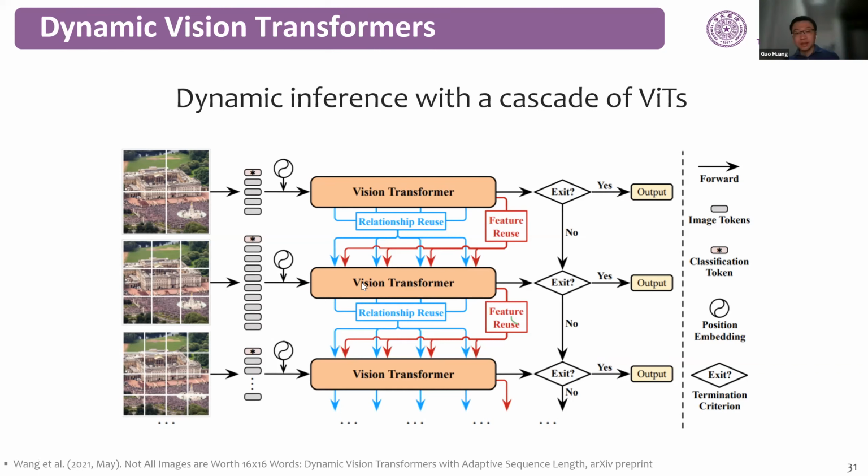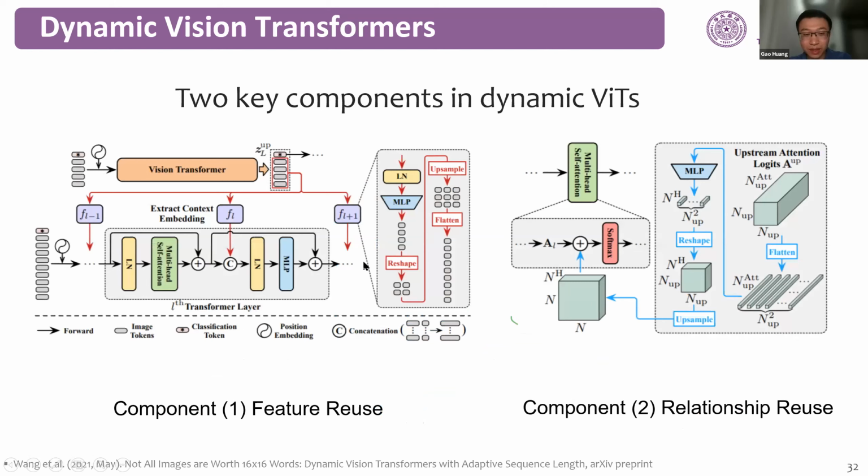And so these are the detailed structures of these two reuse modules. One is for feature reuse and another for relationship reuse. I will not go into the details of these modules, and if you're interested, you can refer to our paper, which has already been put on arXiv.